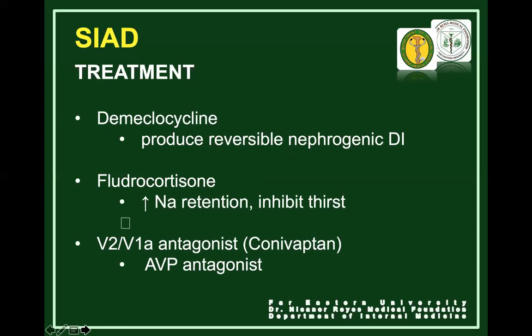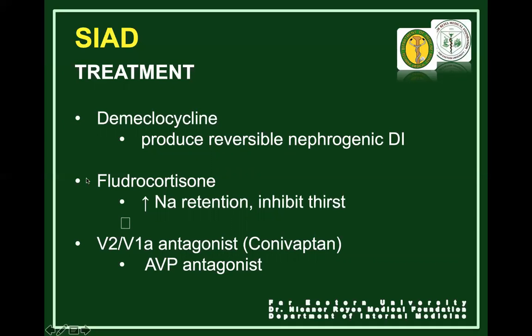Okay, so you can give some other treatment like demeclocycline, which can produce a reversible form of nephrogenic diabetes insipidus. So the hypersecretion, you turn into hyposecretion somehow.